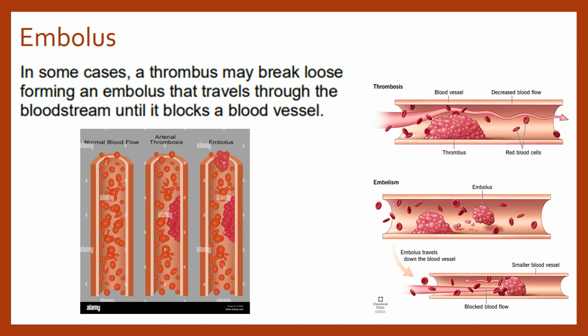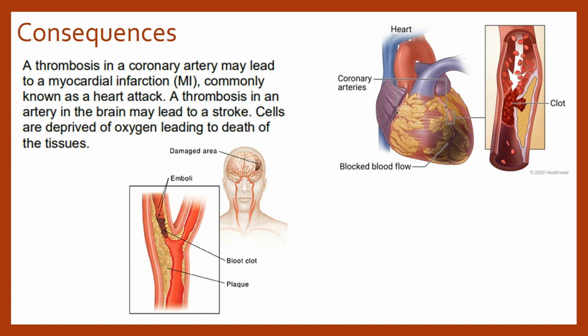And the consequences of this can be very, very serious, even life threatening. For example, a thrombus, a blood clot in the coronary artery, the one that supplies the heart itself, can lead to a myocardial infarction, an MI, more commonly known as a heart attack.